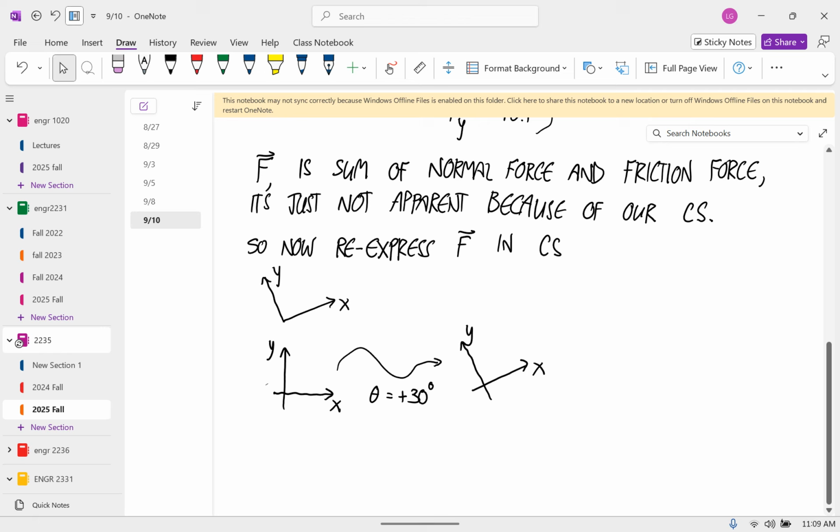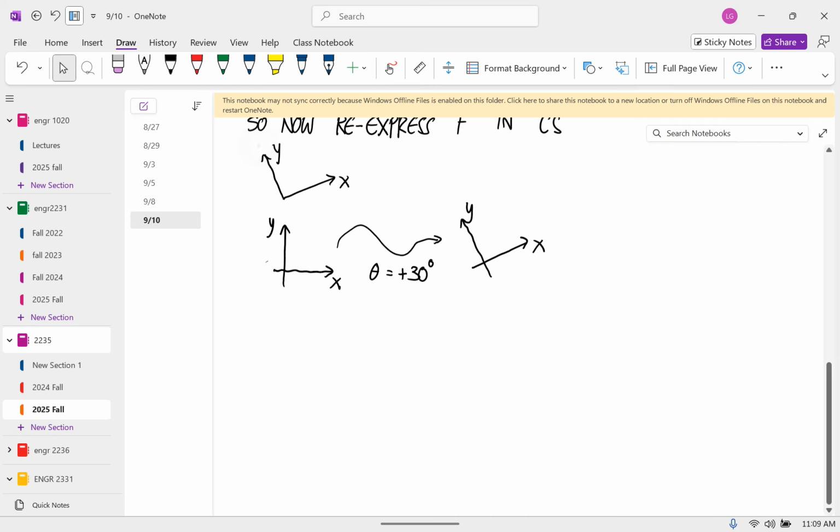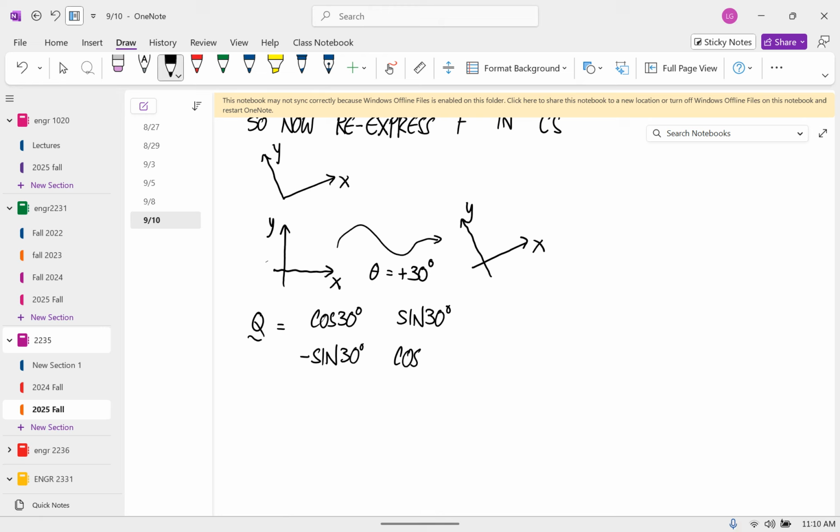And by the way, I would put the mode on your calculators in degrees. I'm going to do all my angles in degrees. So now we can say that the rotation matrix is cosine of 30, sine of 30, negative sine of 30, cosine of 30.